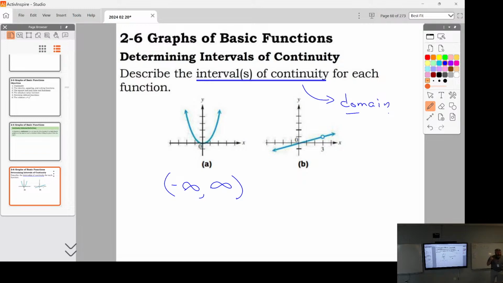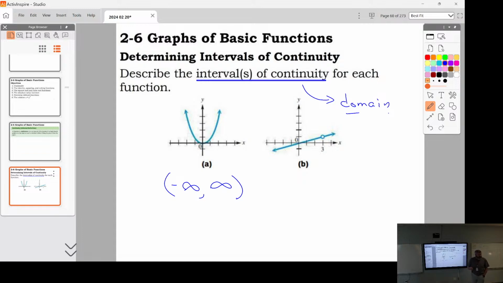Part B, what do we see? Describe the graph to me. It's a line with an open point, with a hole. We actually call them holes. It's got a point of discontinuity.